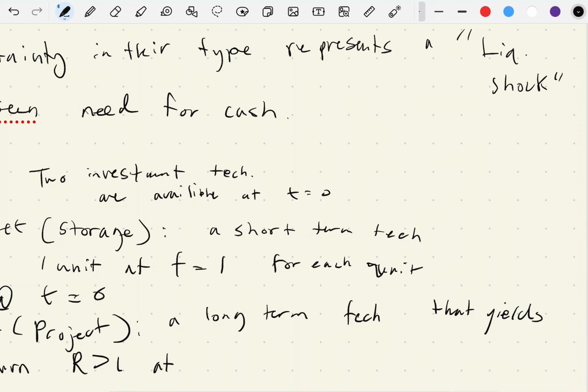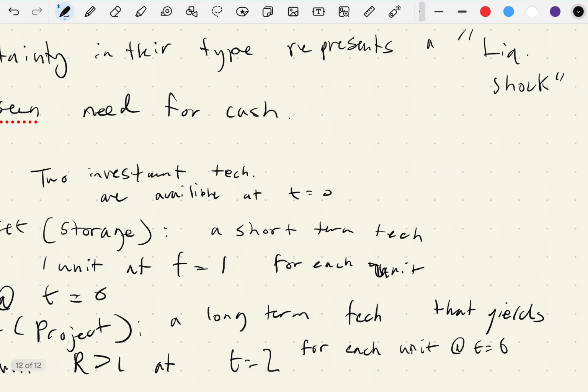Okay, let's call this R is greater than 1 at t equals 2 for each unit, this is a unit by the way, for each unit invested at t equals 0, okay?